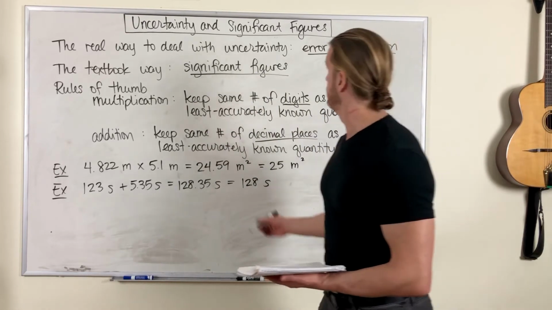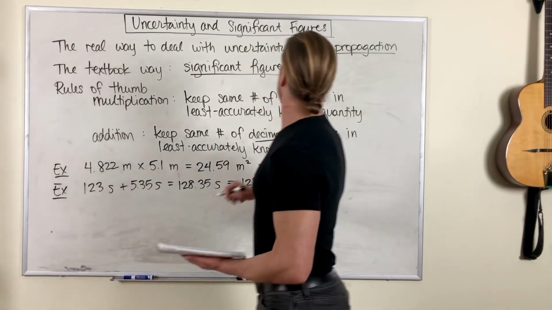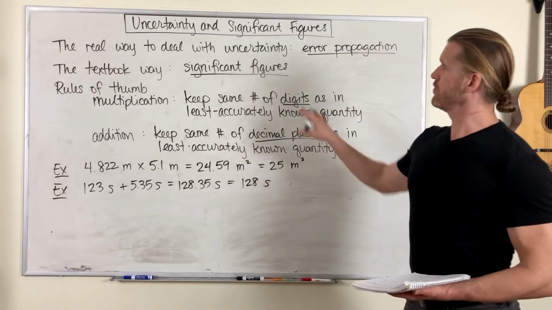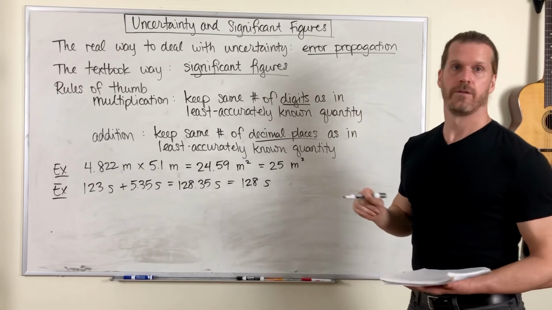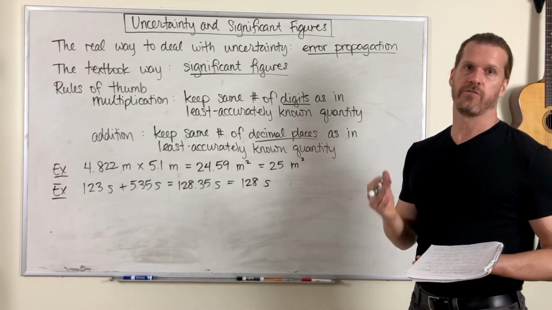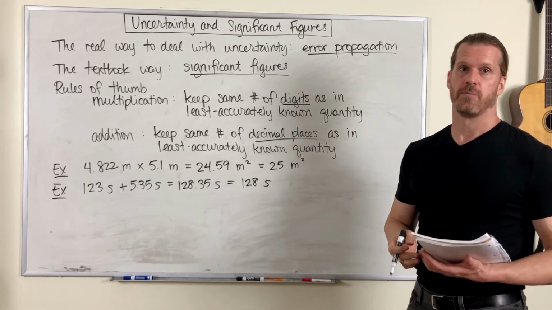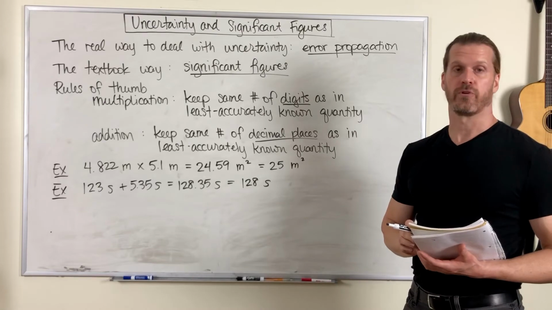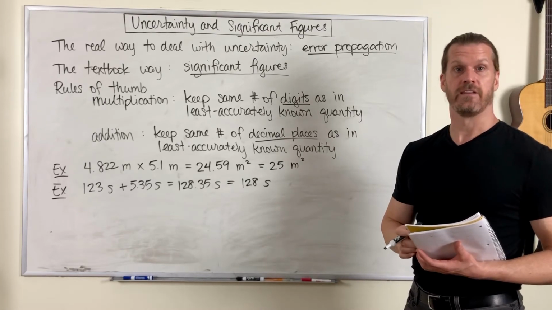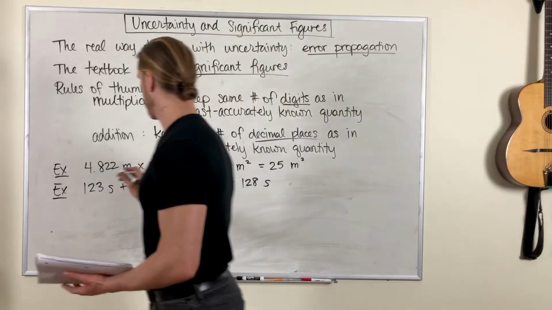And one final comment is that when you're writing numbers and you want to indicate how many significant figures, it's usually good practice to write them using scientific notation, because that can be more clear to indicate the number of significant figures that your number has.